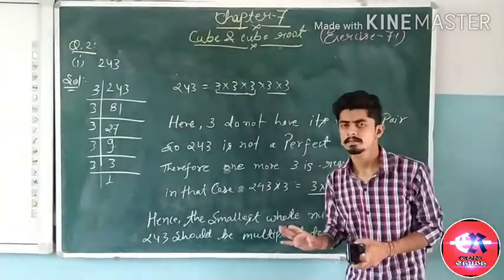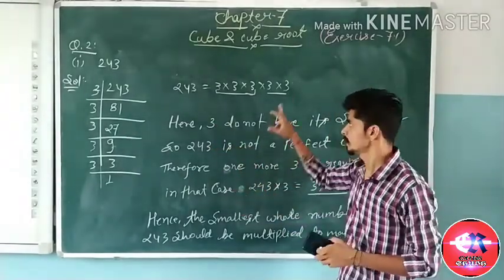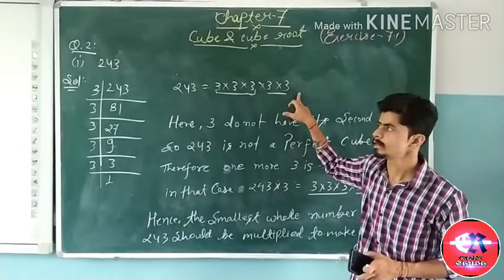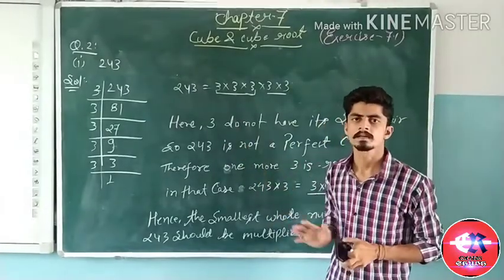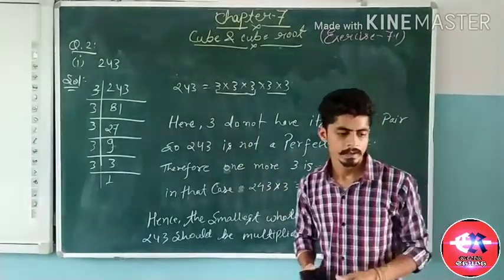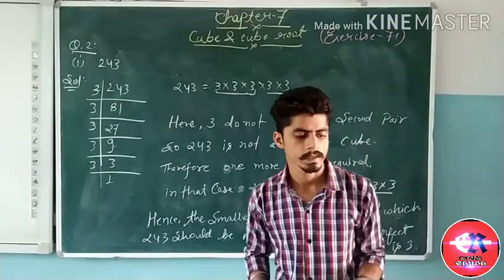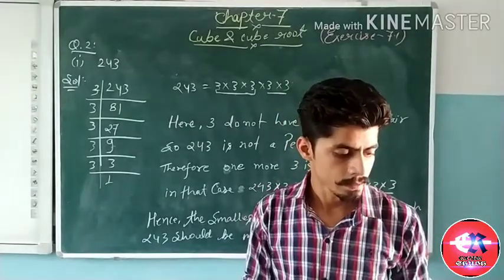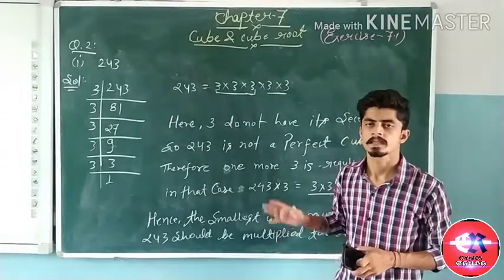Or we can say that by the prime factorization method, the number whose group is not complete is the number by which we have to multiply the given number to make it a perfect cube. So for the next numbers, 256, 72, 675 and 100, they all depend on the same method.